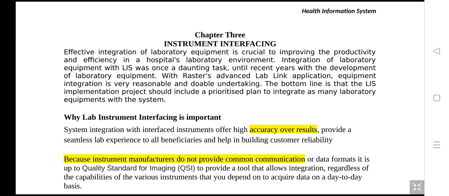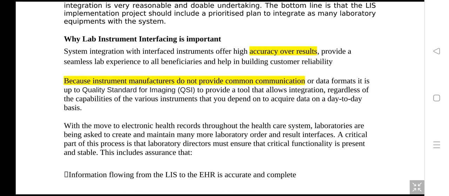Integration of laboratory equipment with the information system was once a daunting task until recent years, with the development of advanced lab link applications. Equipment integration is now very reasonable. So lab interfacing is important.